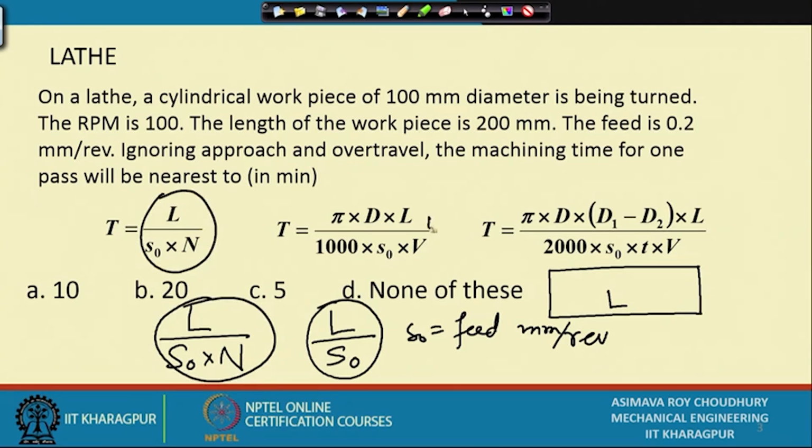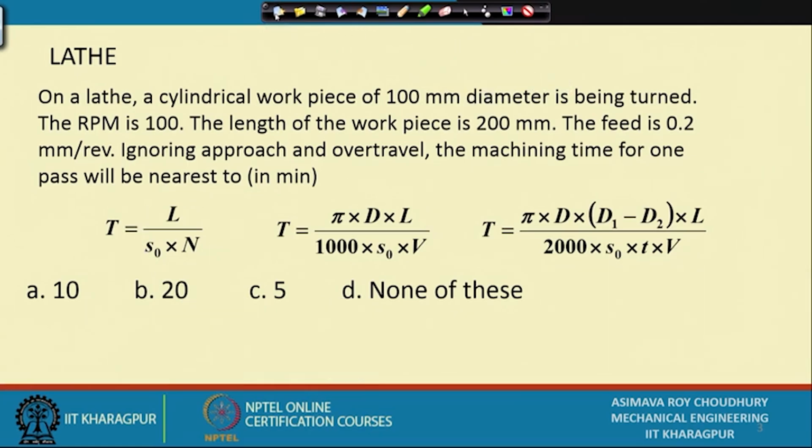Now, what are these calculations? N might not be given. If n is not given, we have to find out the value of n from this calculation, and if you remember, pi d n by 1000 is equal to the cutting velocity. Okay. So, that might come in handy. So, first of all, just a moment, let me remove all the written material.